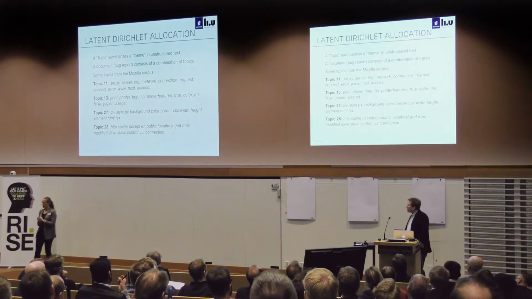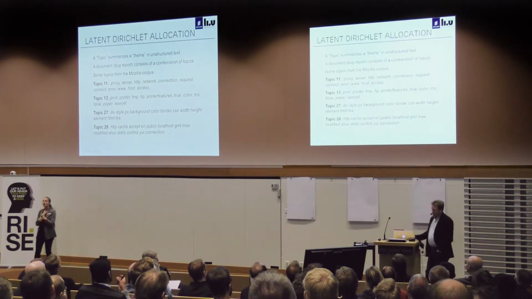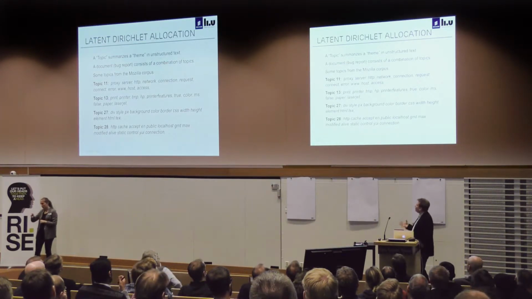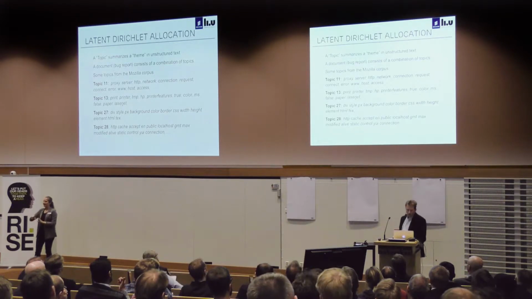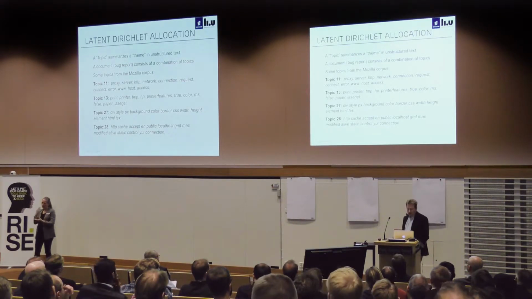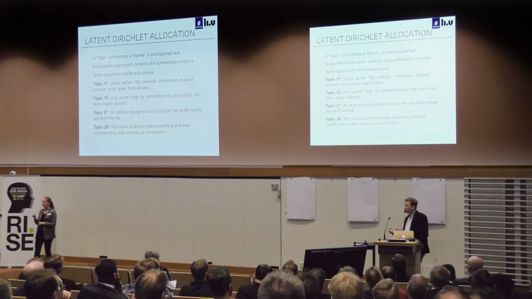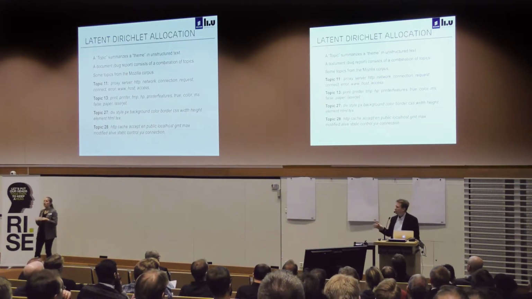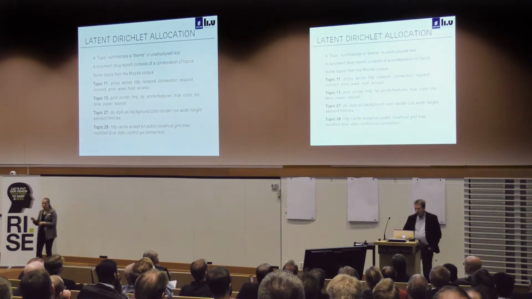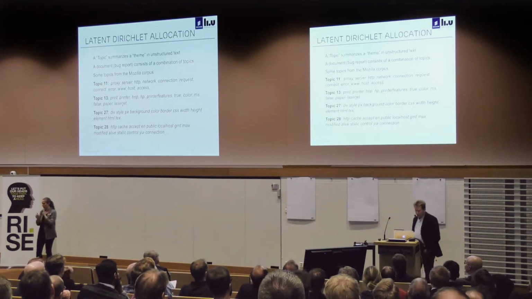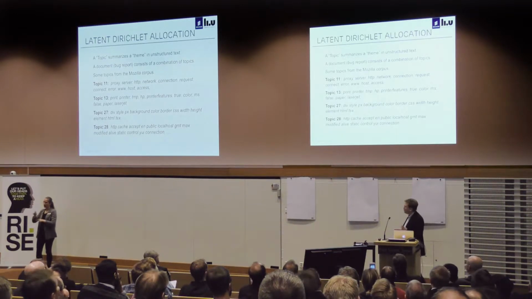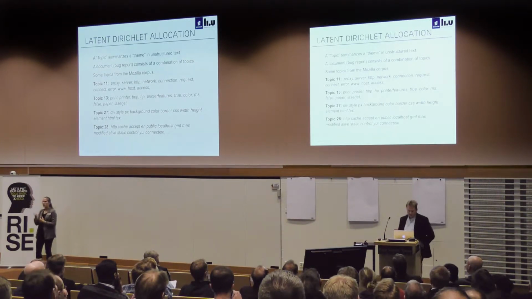Well, you get these topics, which are themes in text. So here we've run LDA on documents from the Mozilla corpus, and the Mozilla corpus is bug reports for the Mozilla Firefox browser. And we can see that this topic model has found these four topics. These are a subset of all the topics. I've selected these ones.